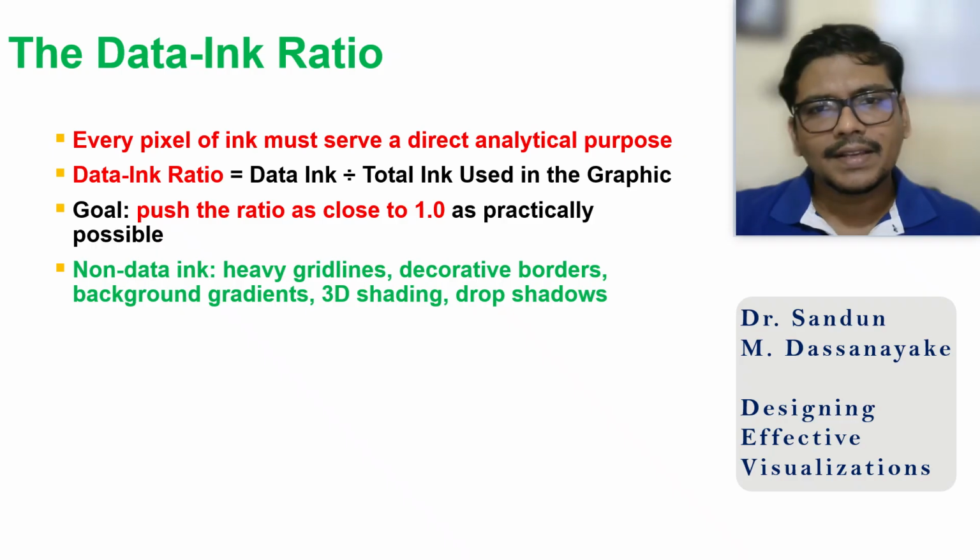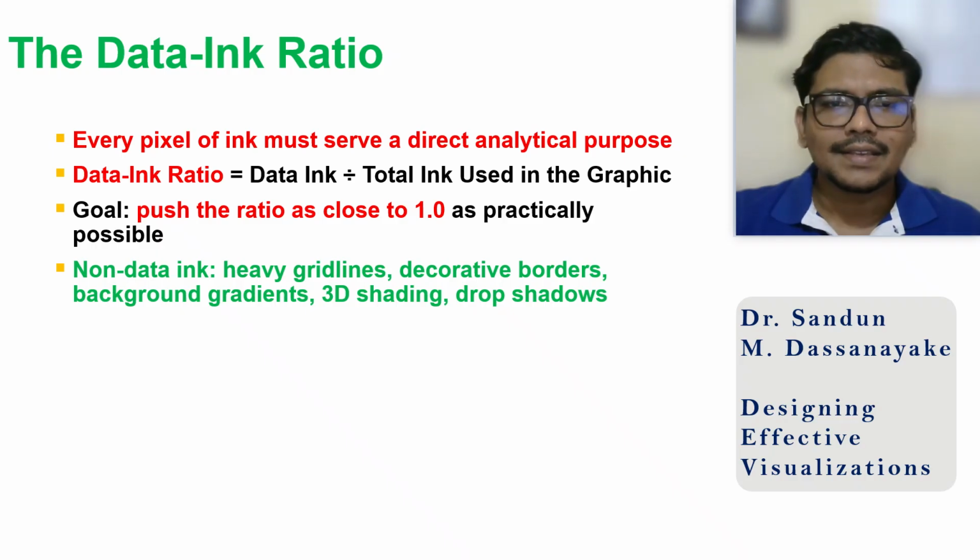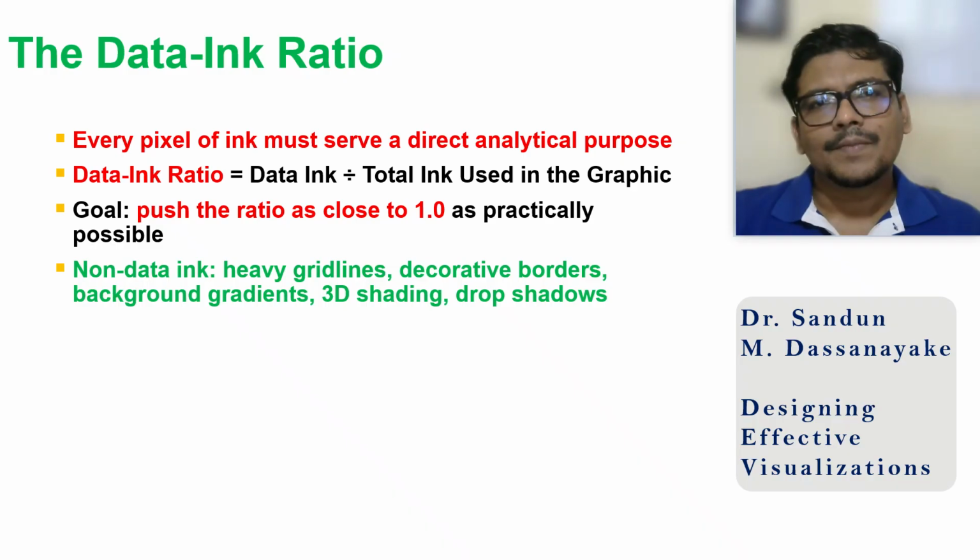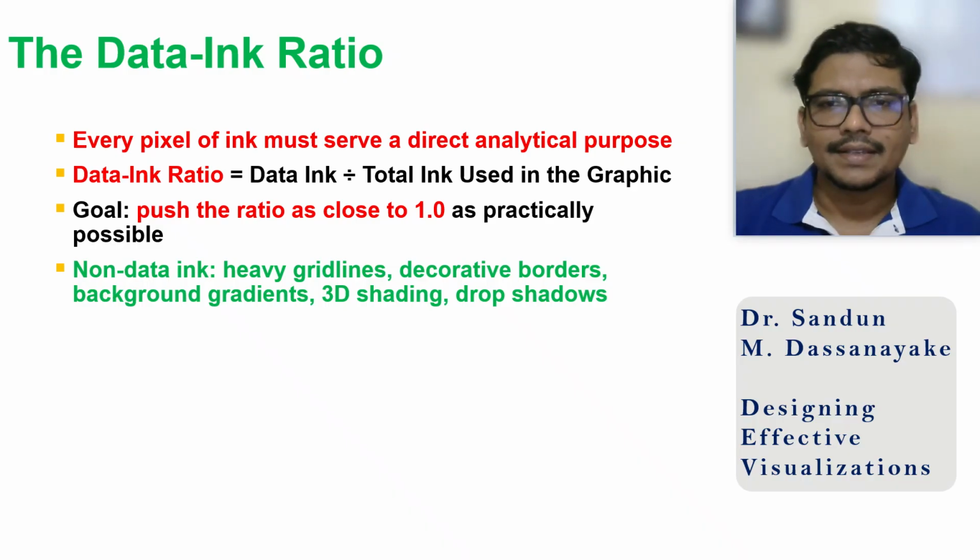You calculate it by dividing the ink genuinely used to display data by the total ink in the entire graphic. A ratio of 1 means every pixel is working hard to convey information. A lower ratio indicates that you might be distracting your audience with visual clutter.